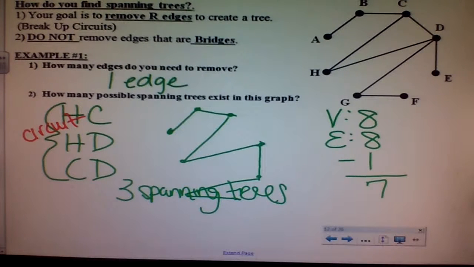All 3 of these edges created the circuit that I needed to break up, and there are 3 ways to break up that circuit. So there are 3 spanning trees available. So any graph that has 1 circuit in it, however many edges are in that circuit, that's how many spanning trees you have. These are the easy ones.